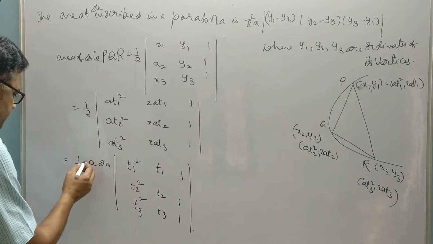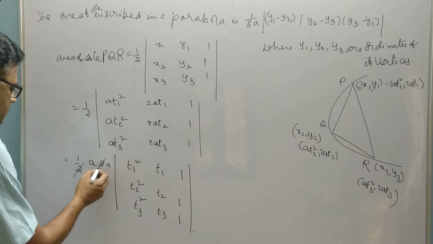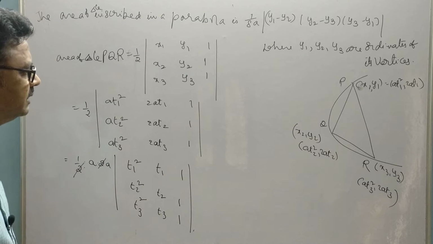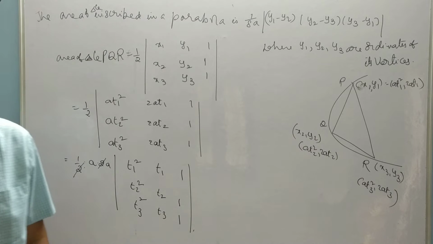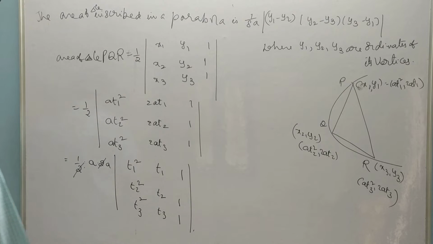So the 2 gets cancelled. So there is a square into the determinant of the matrix.